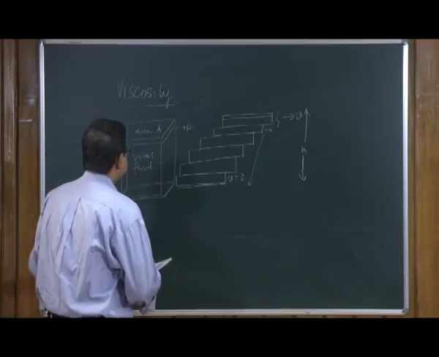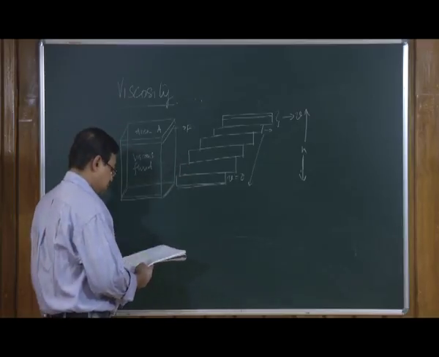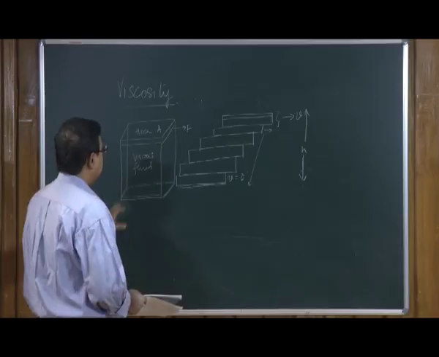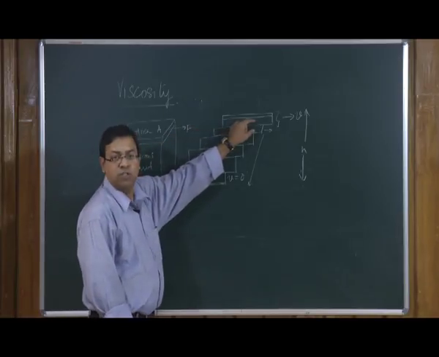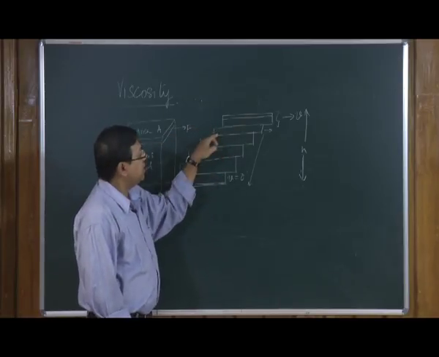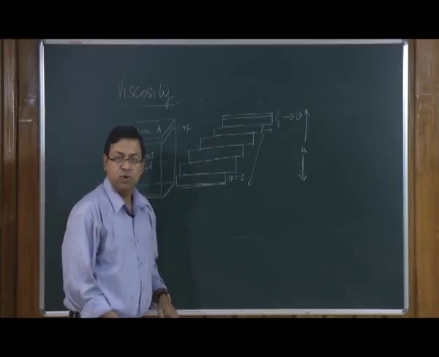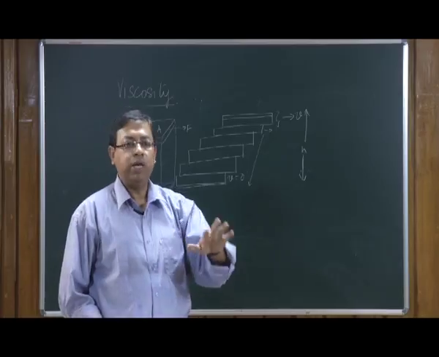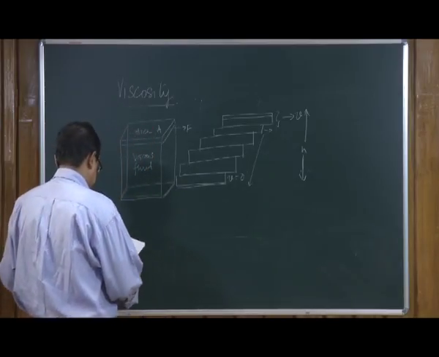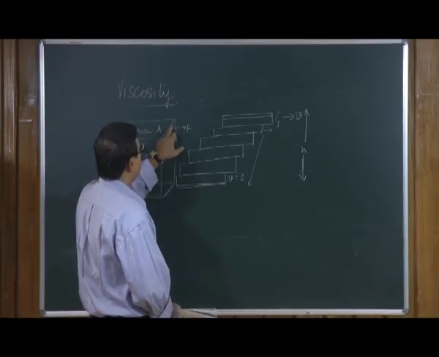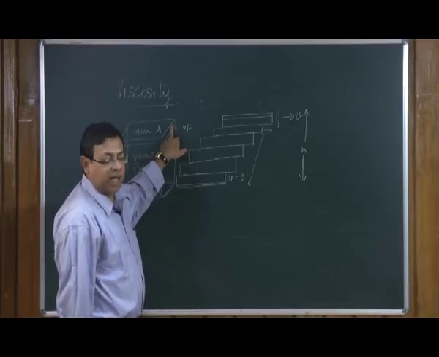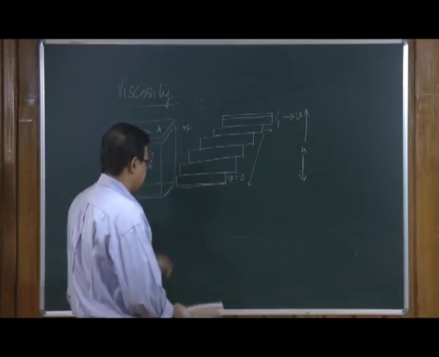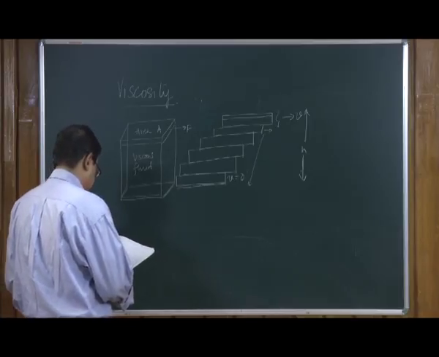And so, as each layer moves, it is subjected to a viscous force from its neighbors. Each of these layers faces a viscous force from the layer that is immediately below or immediately above. And so, the job of this applied force is to compensate for this viscous force.